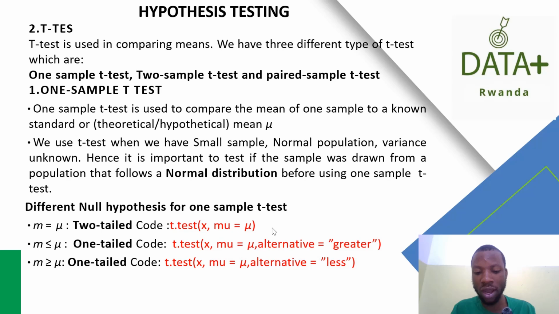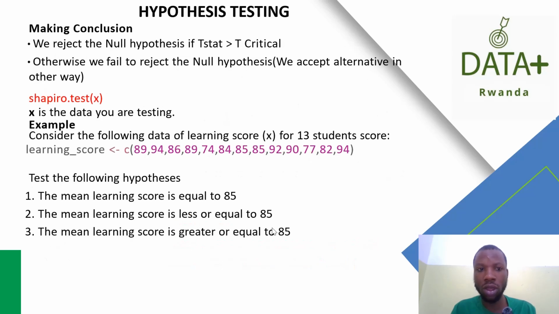You are focusing on one thing, either to accept it or not to accept it. And again, making the conclusion, we reject the null hypothesis if the p-value is less than or equal to the probability of error we made during the process. Not only with a p-value, but when we are looking at the t-test, we are going to use T calculated and T critical.